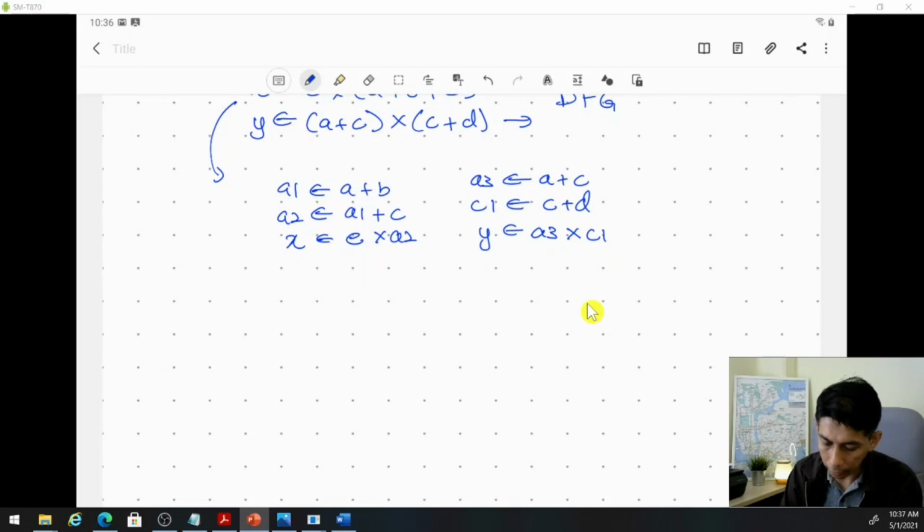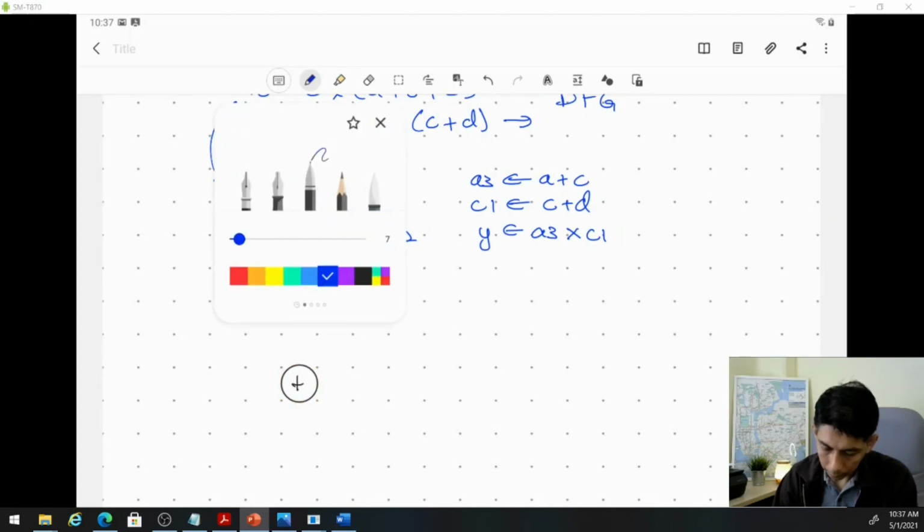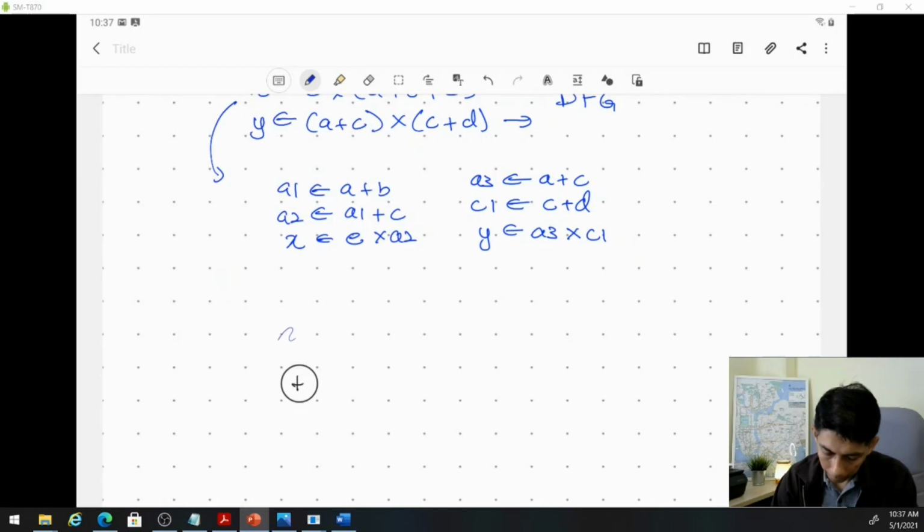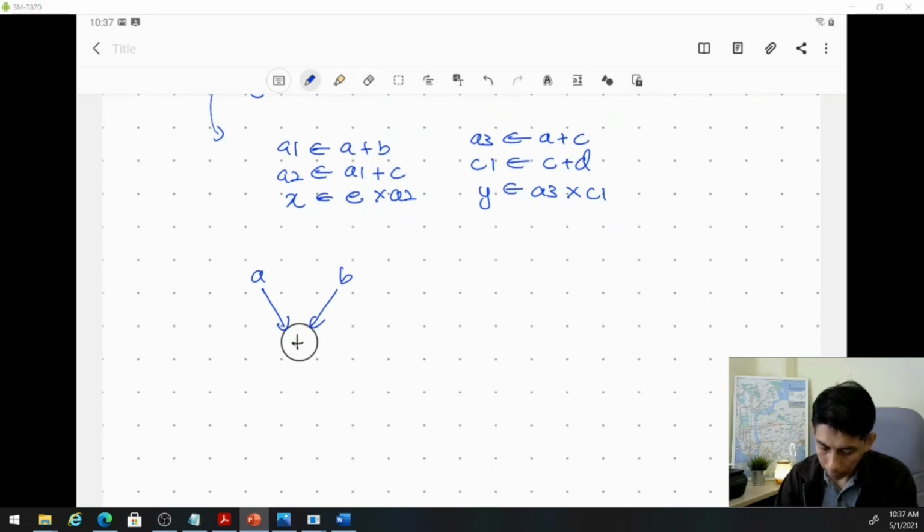So to create the DFG, we can have this is plus, and then we have a plus b, this is a, this is b, and here should be a1.